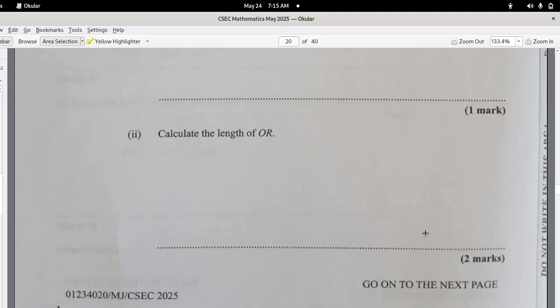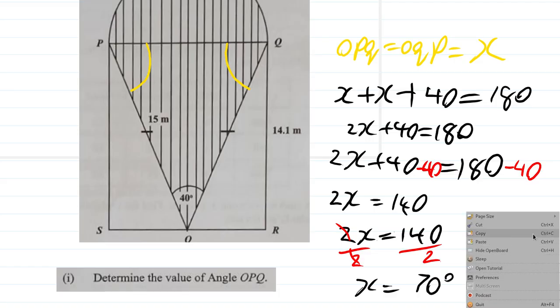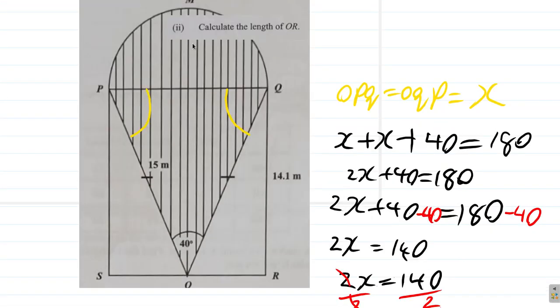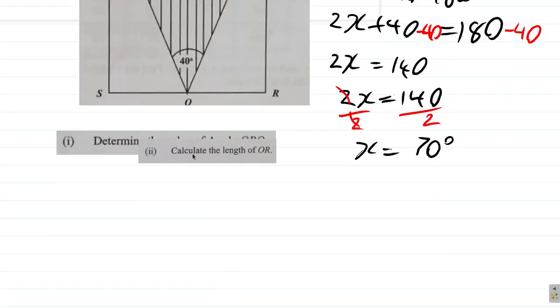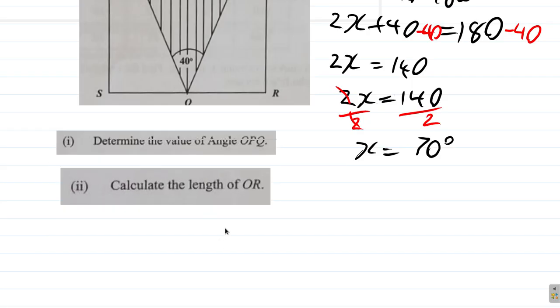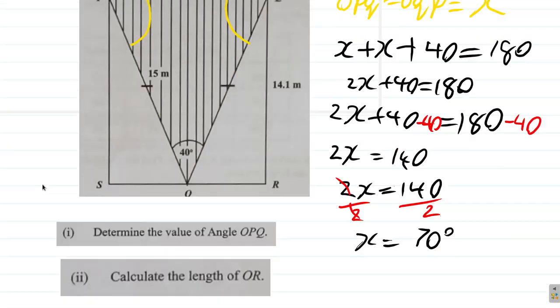Alright. And let's calculate the length of OR. Let's copy this and paste it over here. The length of OR. Now OR is this.